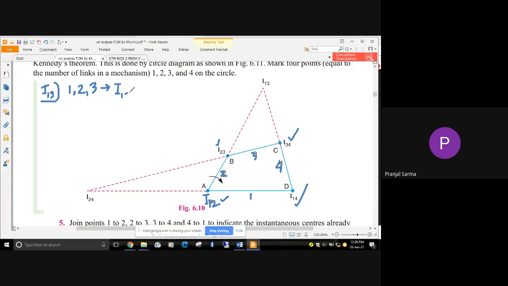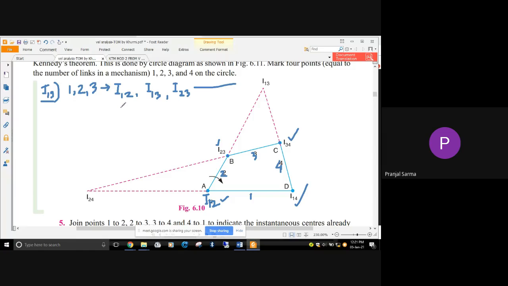So I12 will be there, then I13, and I23, right? So these are the 3 instantaneous centers. And what we know? All these 3 instantaneous centers will lie on the same straight line, as per Kennedy's theorem.